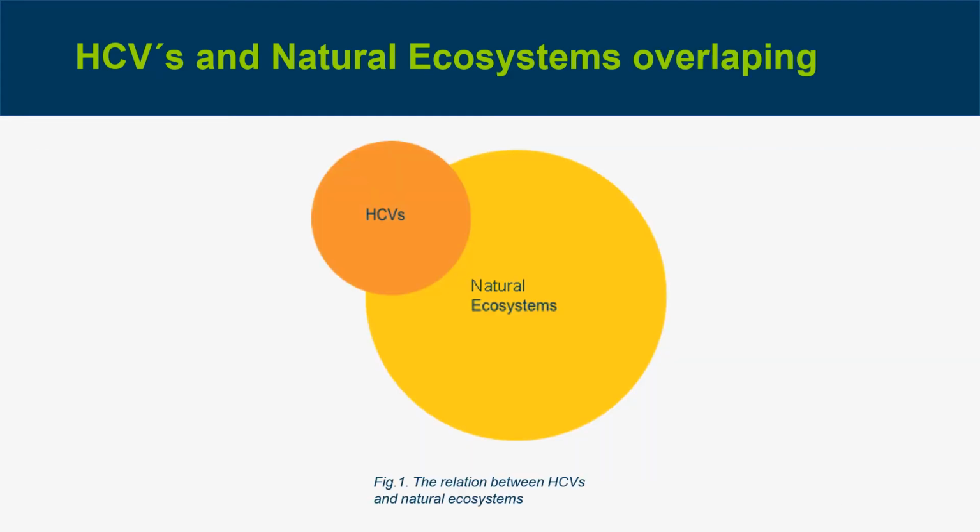So now, what's the link between HCVs and natural ecosystems? High conservation values, particularly the environmental ones, so HCVs 1 to 4, are often found in natural ecosystems, yet the two are not interchangeable. As an example, wide-roaming species of conservation concern, such as birds of prey, wildcats, and elephants, often move and forage in many different kinds of vegetation, including crop fields and plantations.